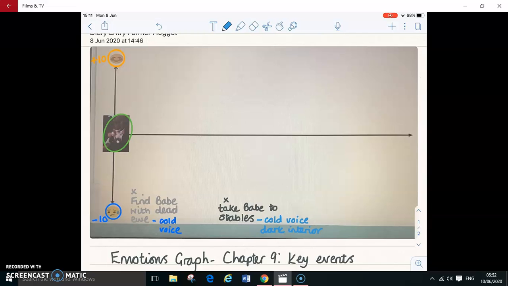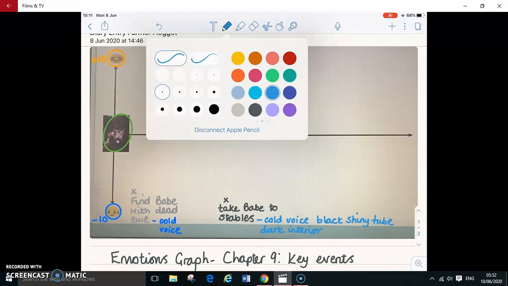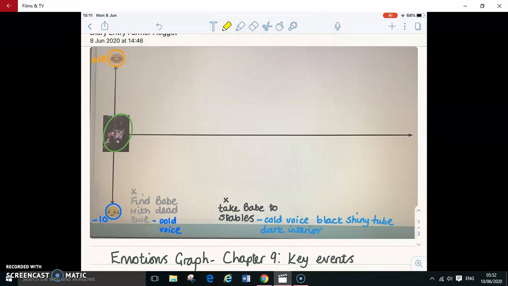We know that when something's dark, it's quite sad and gloomy and unhappy. So he's used colour to show us that this is negative. And there's a black shiny tube in his hand, and we know that that is the gun that he's going to use to destroy Babe.